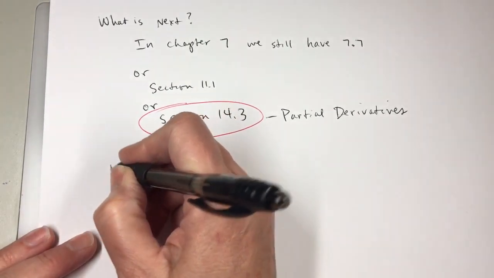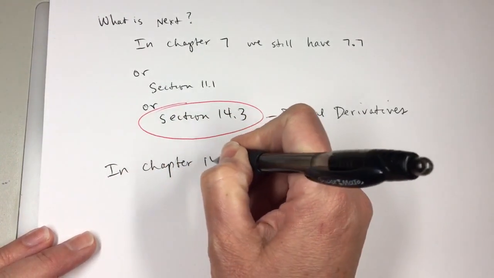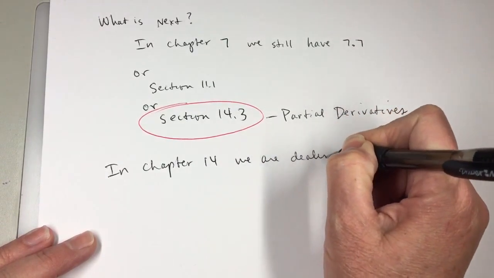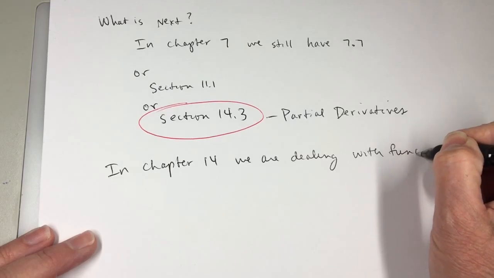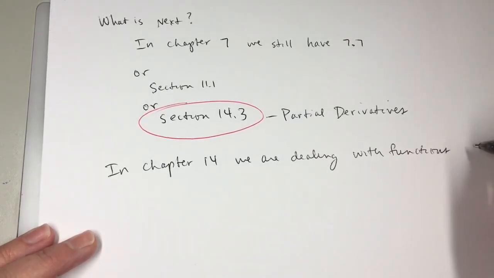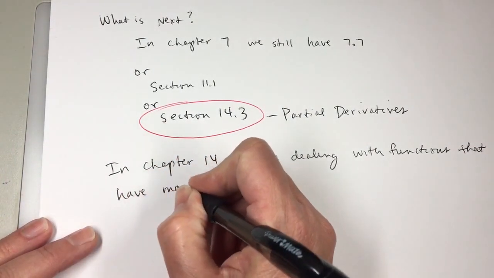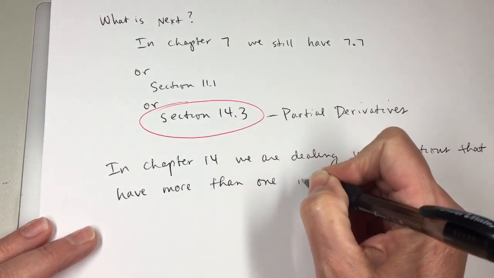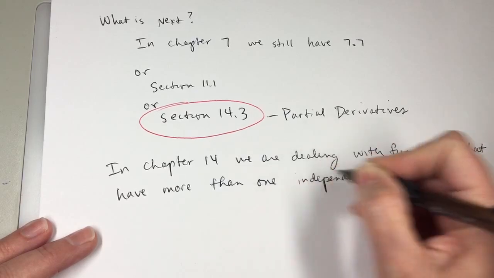So in chapter 14, we are dealing with functions that have more than one independent variable.